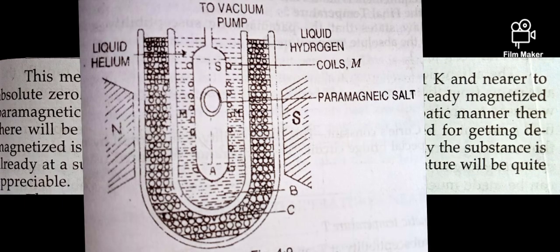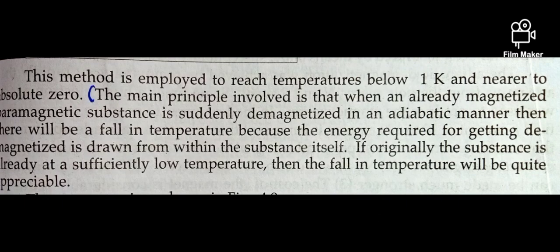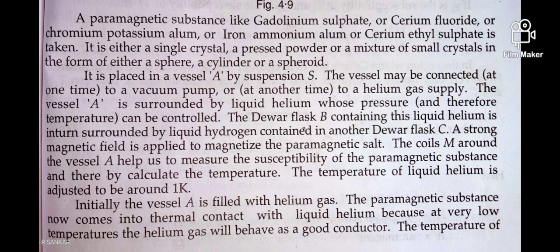The apparatus is as shown in the figure. A paramagnetic substance like gadolinium sulfate, cerium fluoride, chromium potassium alum, iron ammonium alum or cerium ethyl sulfate is taken.